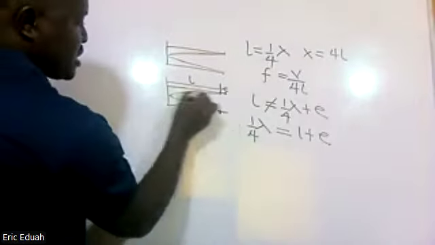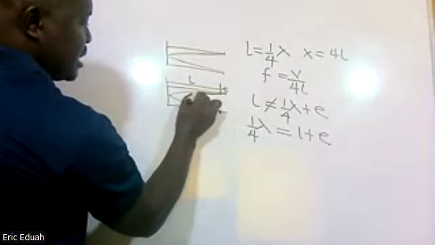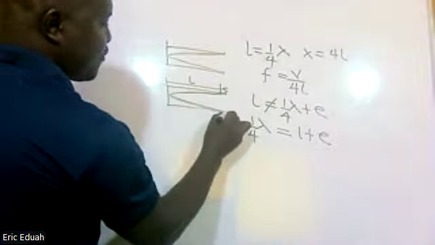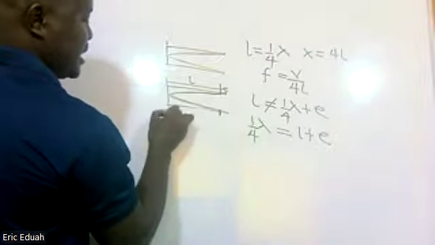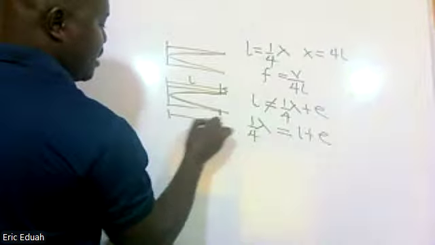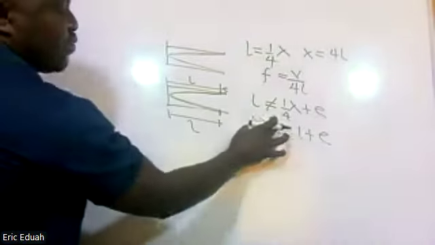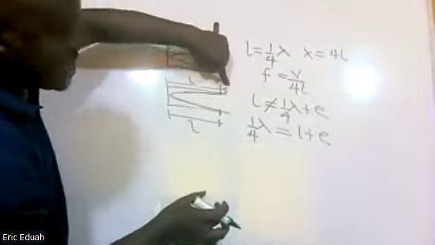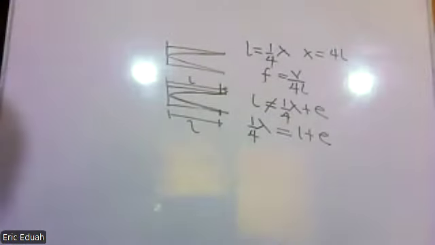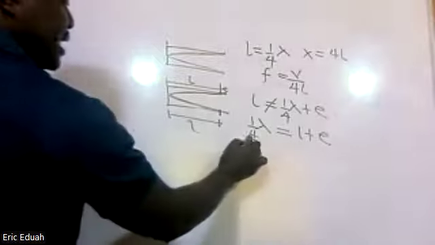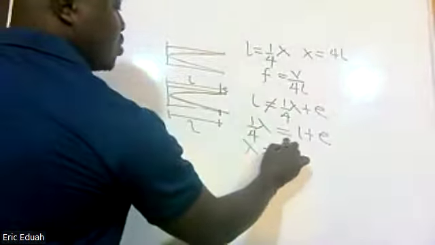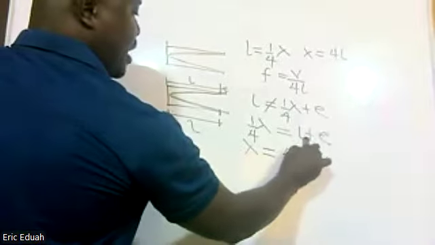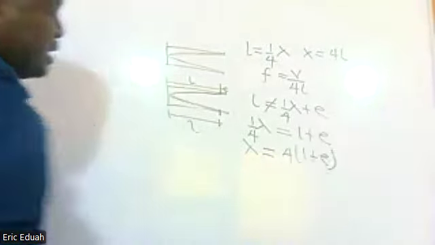Okay, because the stationary wave goes beyond the length of the tube. So the stationary wave within must be equal to the length of the tube plus the end correction. So in this case, lambda will be equal to 4(L plus E).